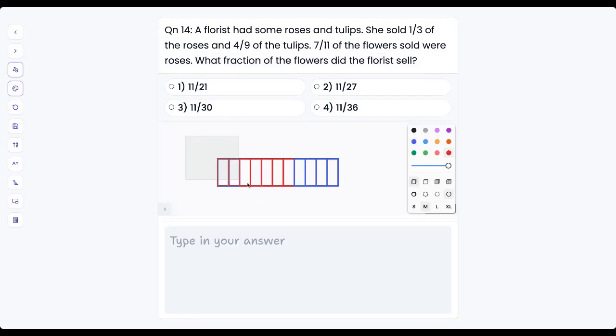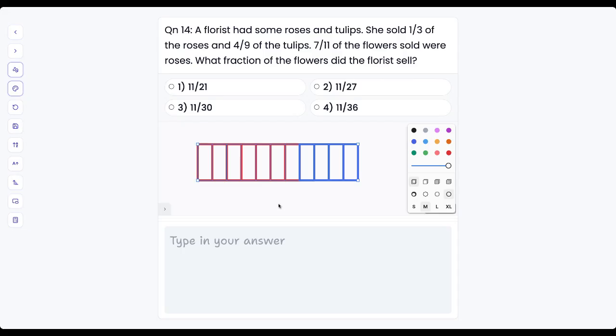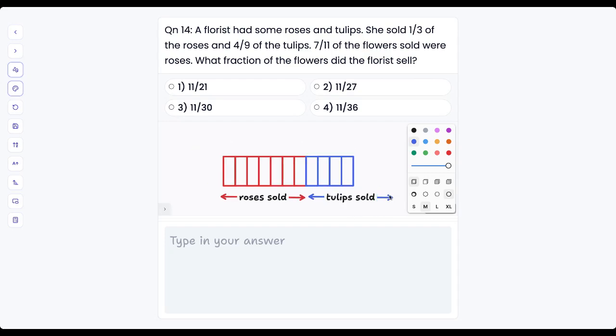Okay, so I've drawn the models over here. These are roses sold and these are tulips sold. 7 out of 11, so this is 7, then this is the remaining 4.